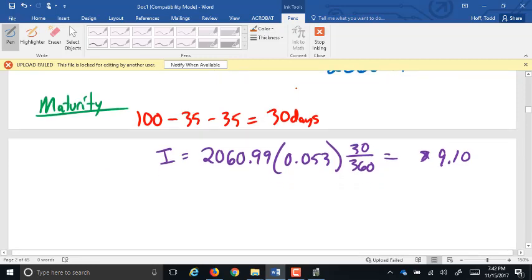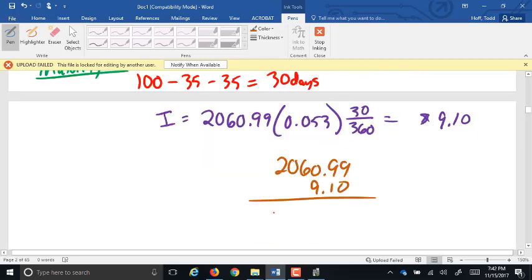So we take the 2060.99 plus the $9.10, which gives us $2,070.09, the balance due.